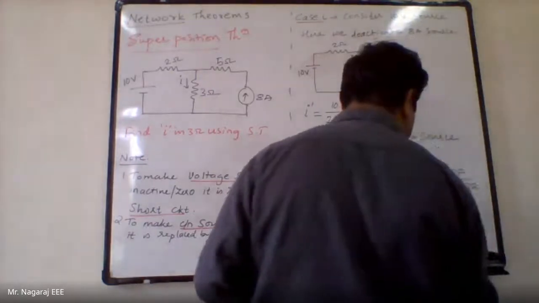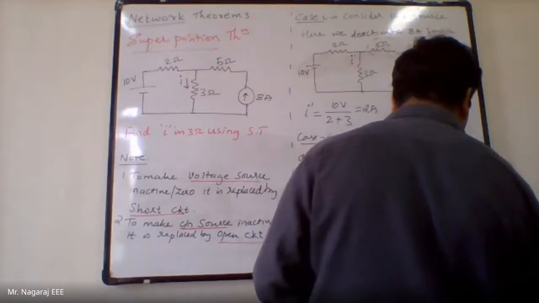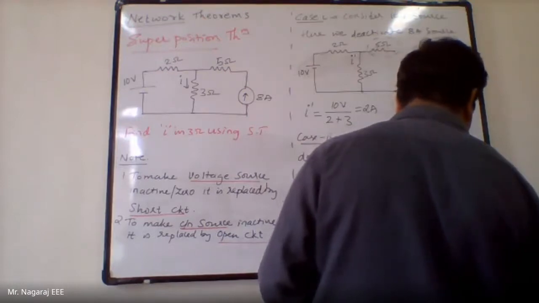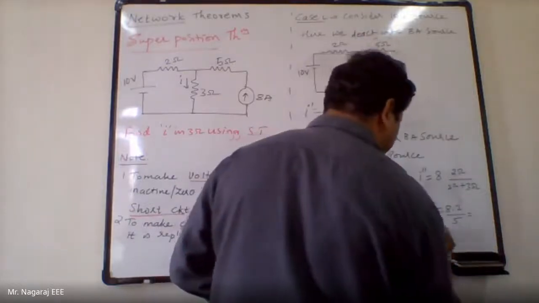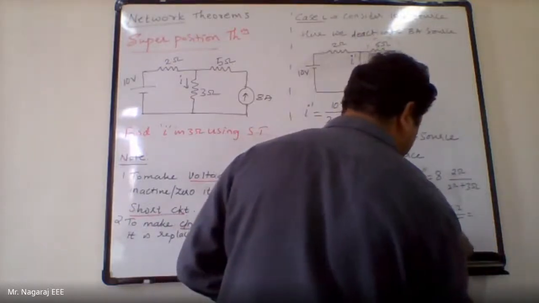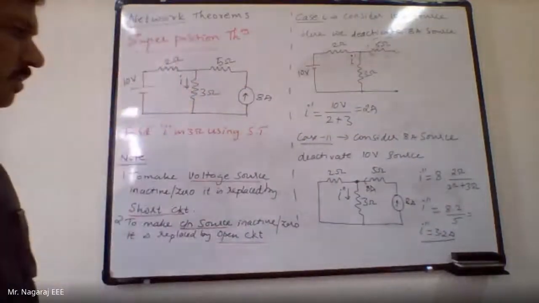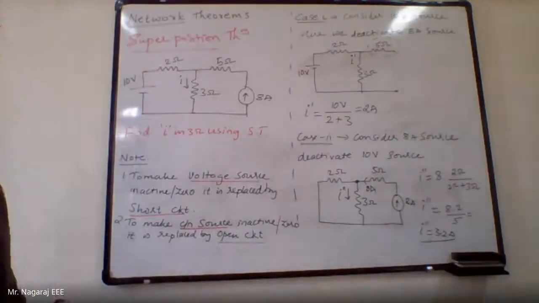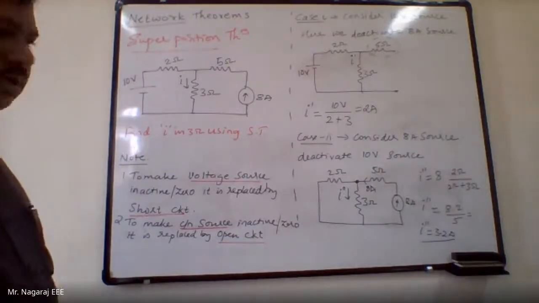So this I double dash is equal to 8 into 2 divided by 5. 8 twos are 16, 16 by 5 is 3.2 amperes.